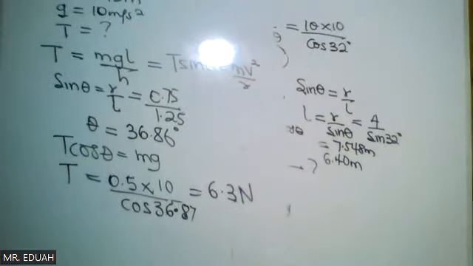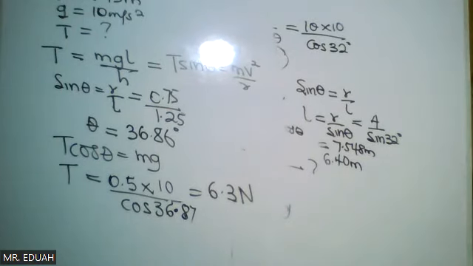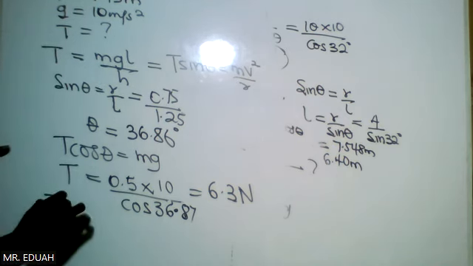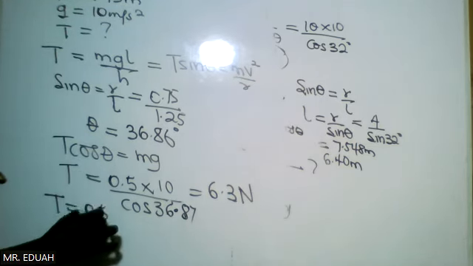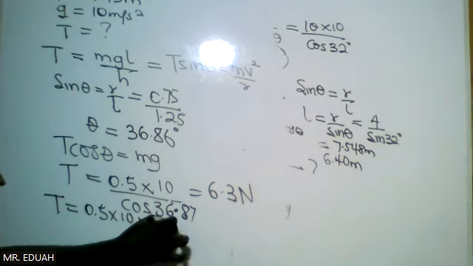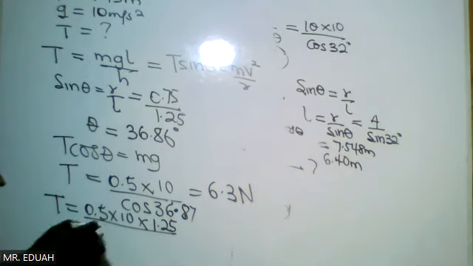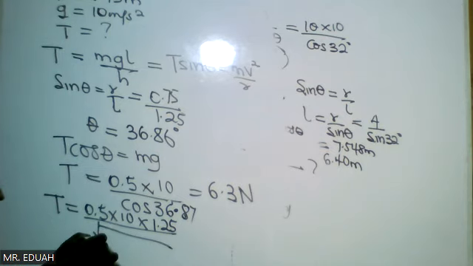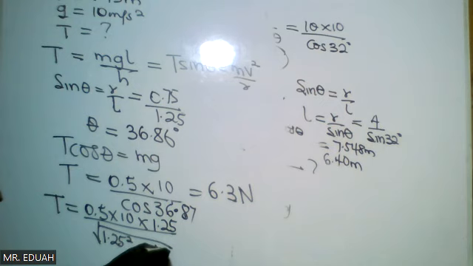So those of you who got huge values, this is it. You can also use this: T is equal to the mass 0.5 times 10 times the length 1.25 divided by the square root of 1.25 squared minus 0.75 squared.